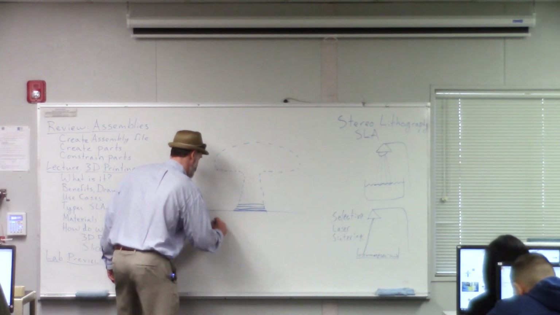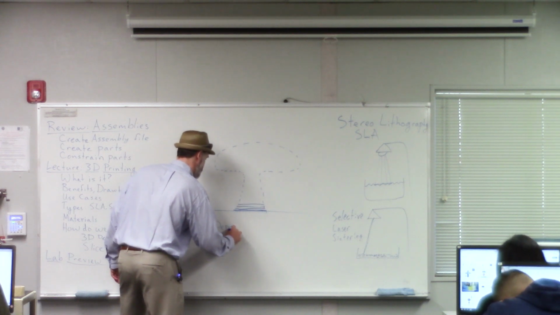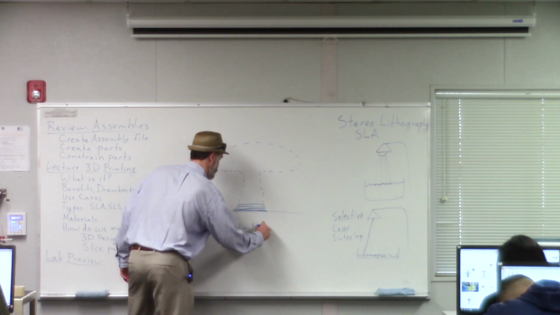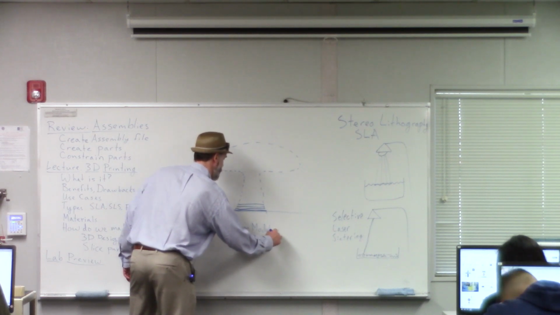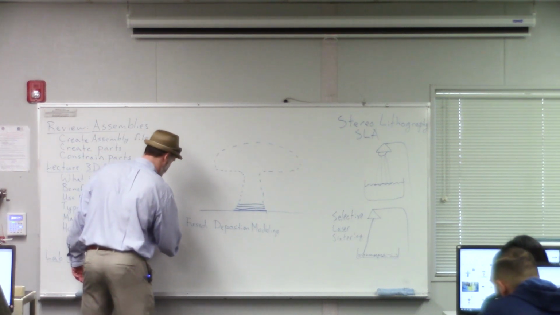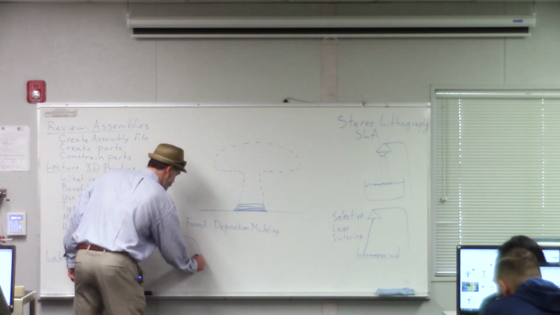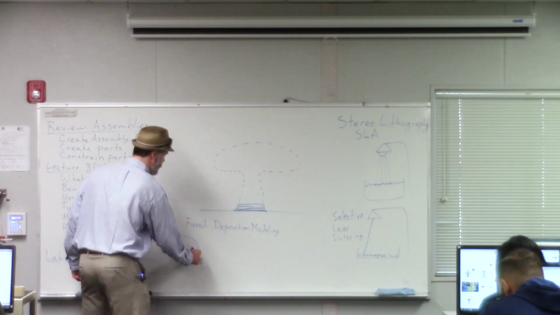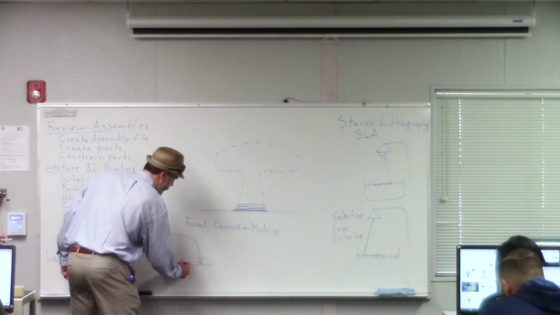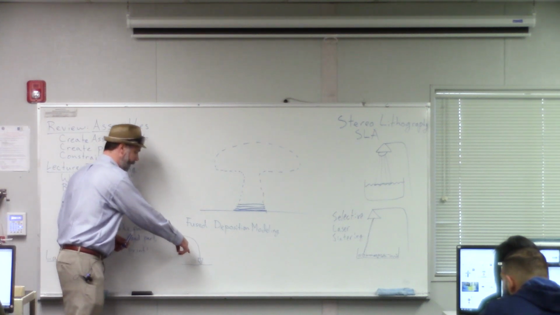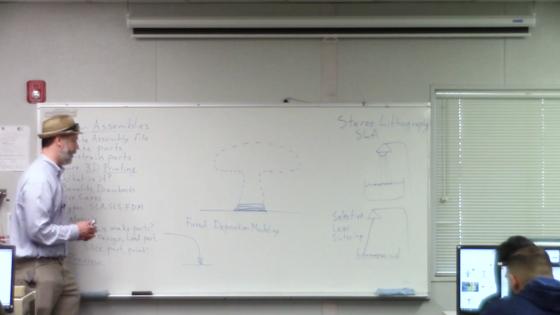Fused deposition modeling is a process where you have a long strand of filament that goes into a printer head, and then this printer head heats up and melts the filament, and the printer head moves around and deposits that melted filament into the shape of each layer.